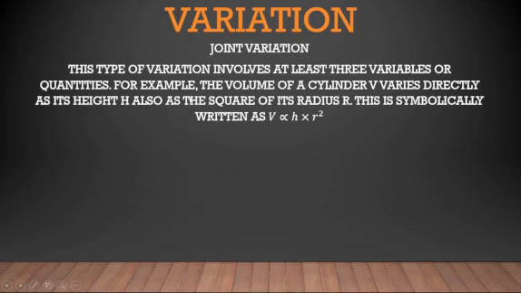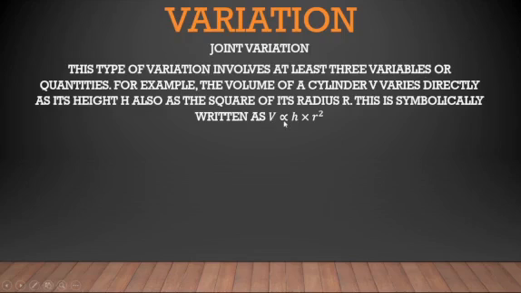For example, the volume of a cylinder, let's call the volume V, varies directly as its height h, and also as the square of its radius r. Symbolically, this is written as V is proportional to h times r squared.